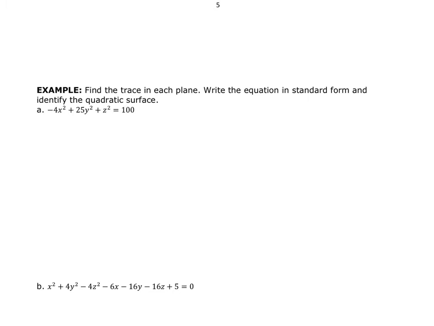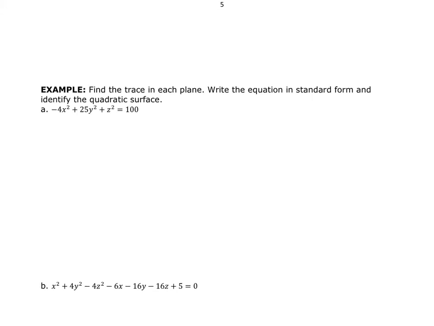So to find the trace, here's the trace. The trace in the xy plane, we set z is equal to 0. So if we set z is equal to 0, then the trace in the xy plane would be negative 4x squared plus 25y squared is equal to 100.